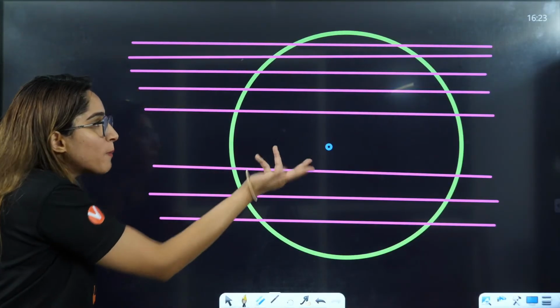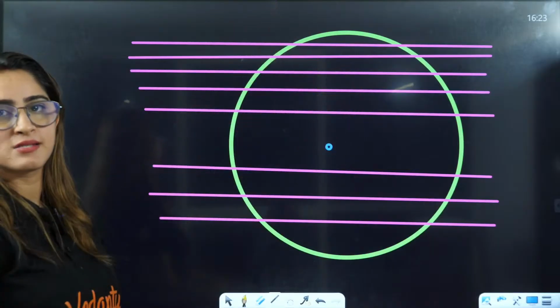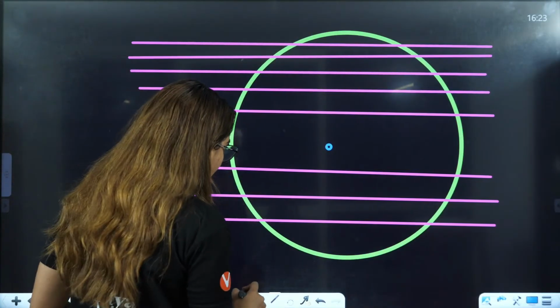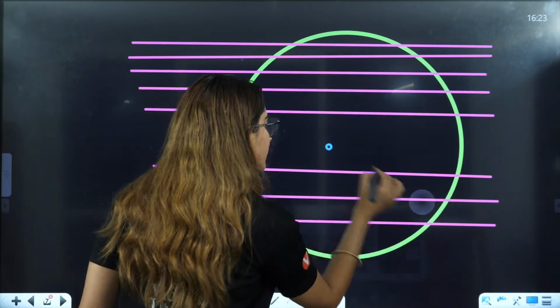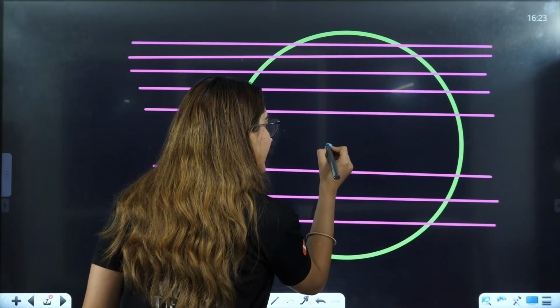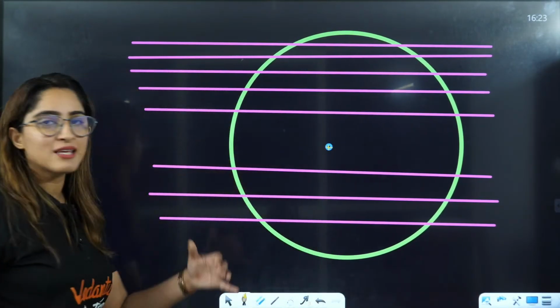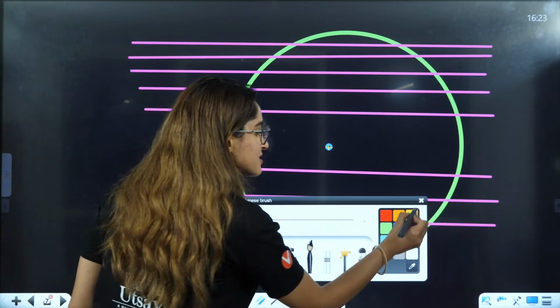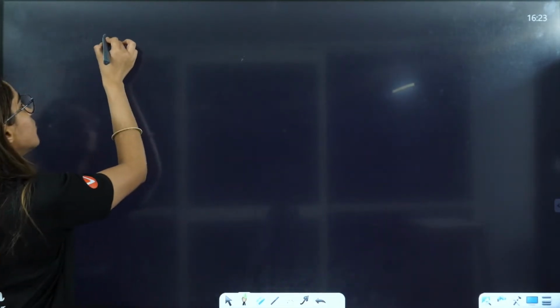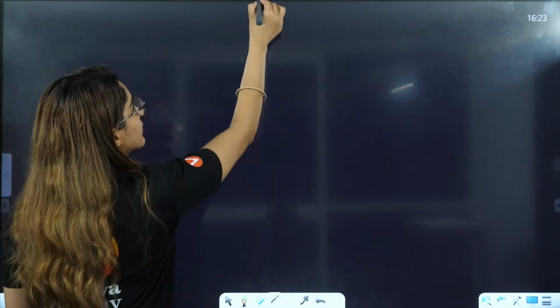It has no obstacle, so the alpha particle can easily pass, because the positively charged protons are inside the nucleus. That is the reason the repulsion between the positively charged protons and the alpha particle is less on most of the sides. That means most of the space is empty.